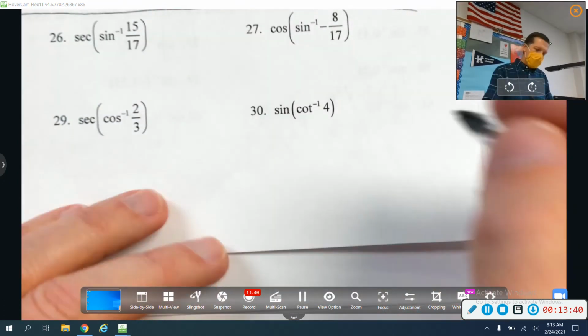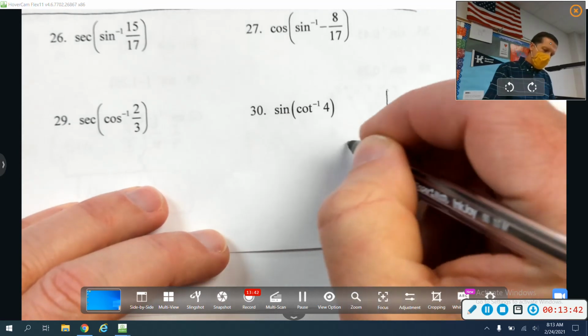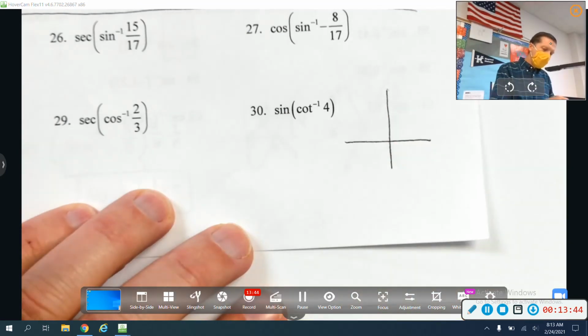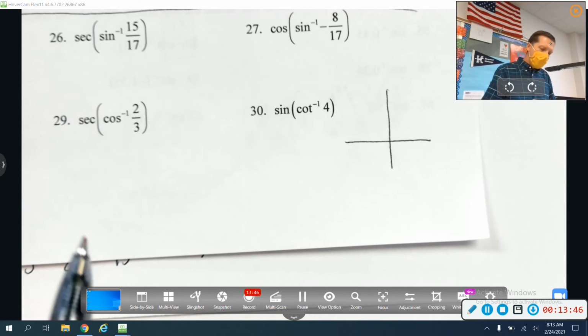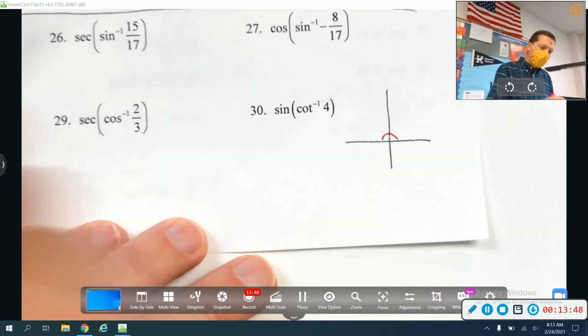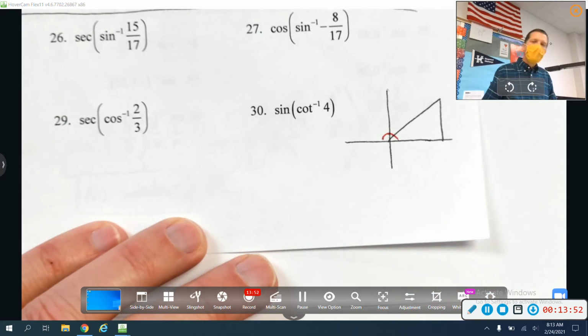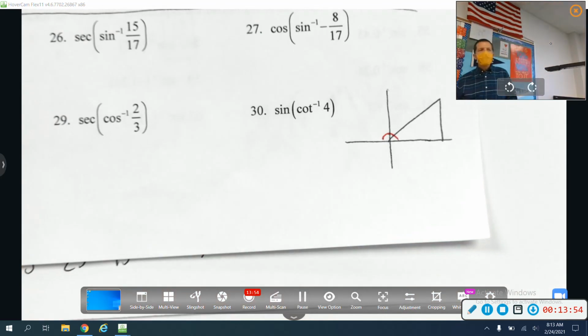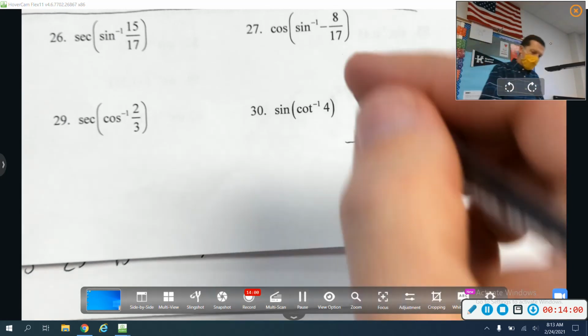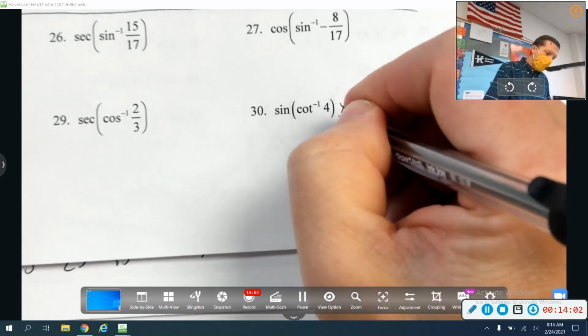All right, cotangent's got to come from 1 or 2. It's positive, so it's definitely going to be in quadrant 1. Cotangent is the reciprocal of tangent. So cotangent is x over y.